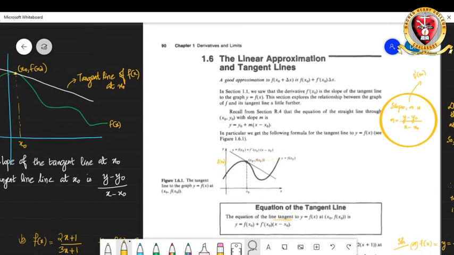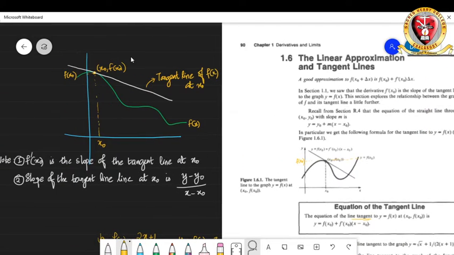So basically what you have to keep in mind is, suppose this is the x-axis and this is the y-axis, and you have the function f to be this green curve sitting here, and suppose this is an arbitrary point x naught, then this point will be the corresponding ordered pair x naught, f of x naught.